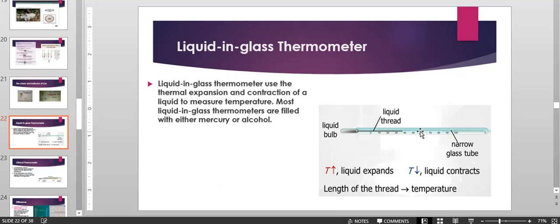This is the narrow glass tube in which this liquid thread moves up and down. And these numbers in this diagram show the linear scale or the main scale that gives the reading of temperatures. Whenever the temperature rises, the liquid expands, and whenever the temperature decreases, the liquid contracts into this bulb.